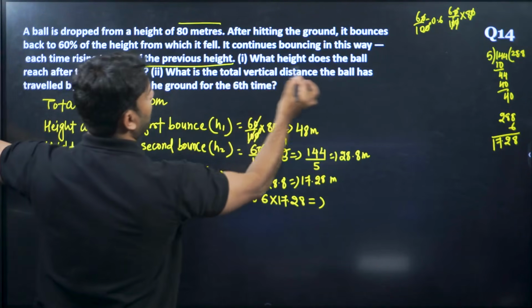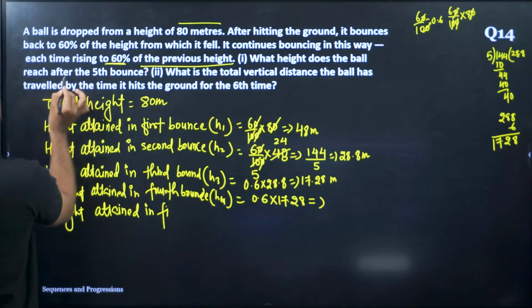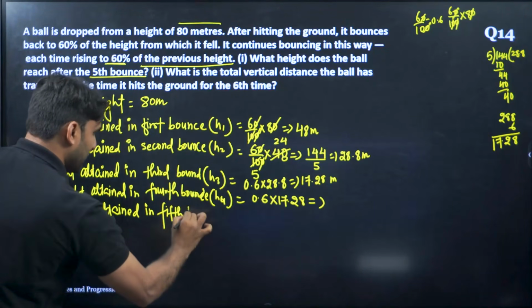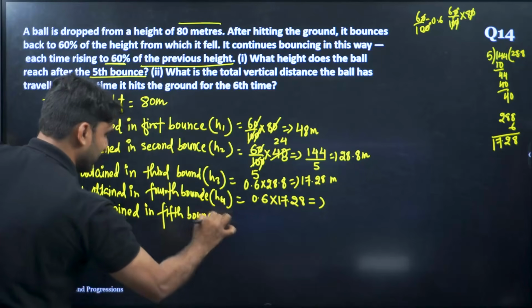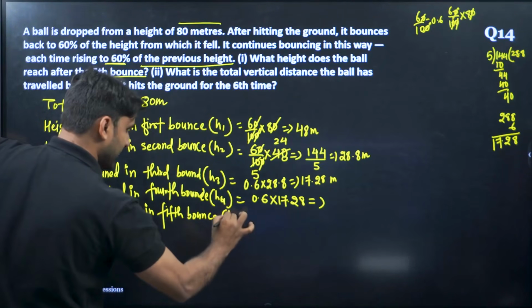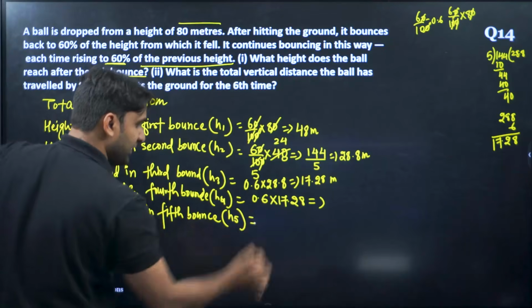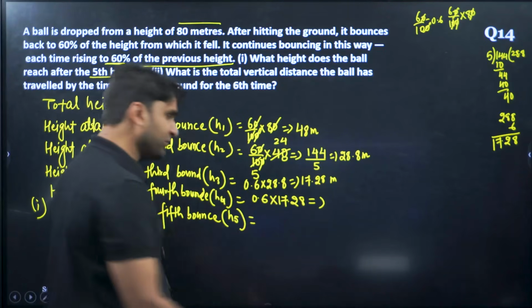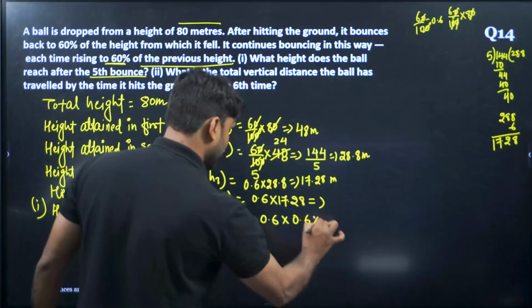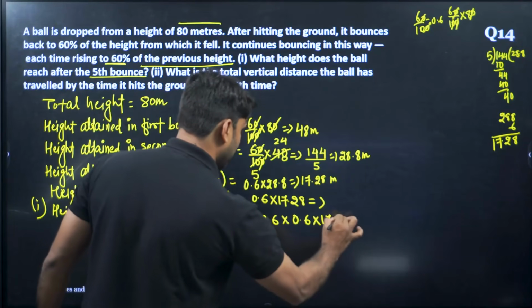The first question is, what height does the ball reach after the fifth bounce? So this is the first question I'm solving, guys. Height attained in the fifth bounce, H5. This was the fourth bounce, so 0.6 will multiply, 0.6 into 0.6 into 17.28.